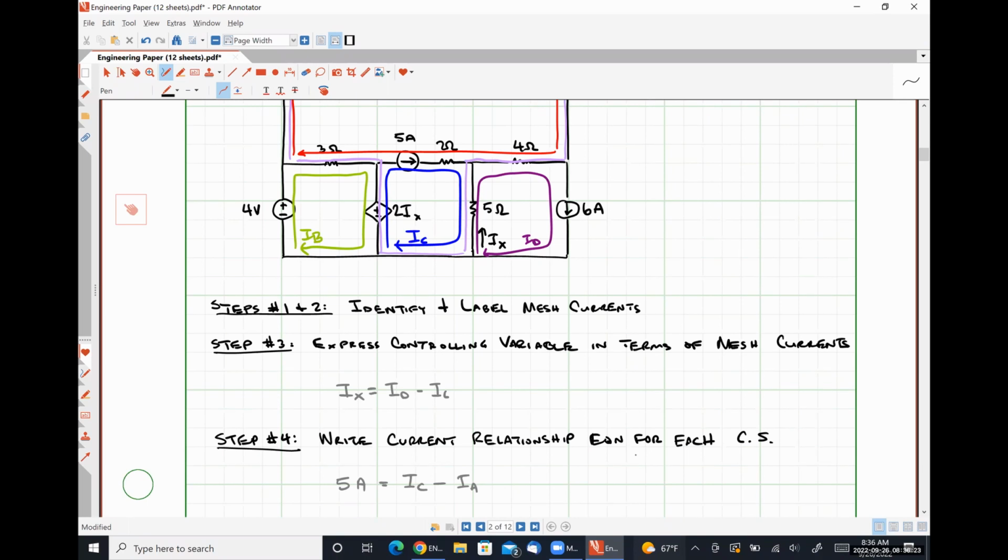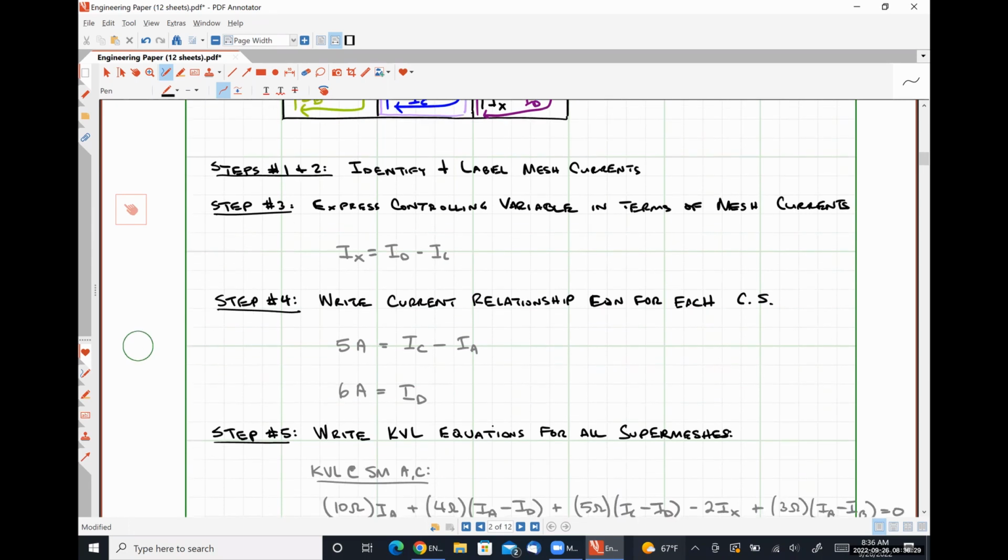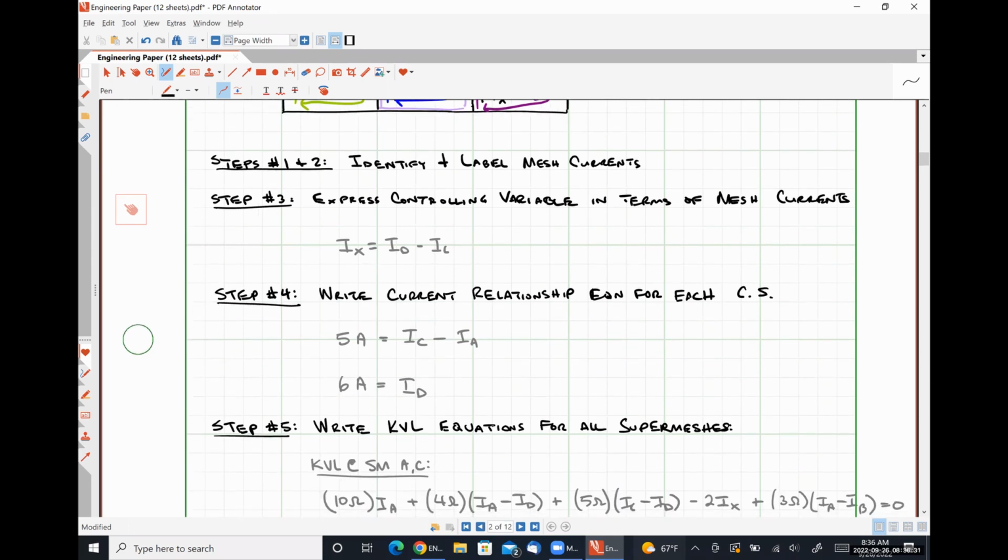So we have that one mesh there and we have no equation for it, except that we wrote it when we wrote our current relationship equations, okay? So that current relationship equation, 6 amps is equal to ID, is the only information we need to know about mesh current D in order to solve this system. Writing a KVL equation there is, A, impossible, and B, wouldn't give us any new information anyway.